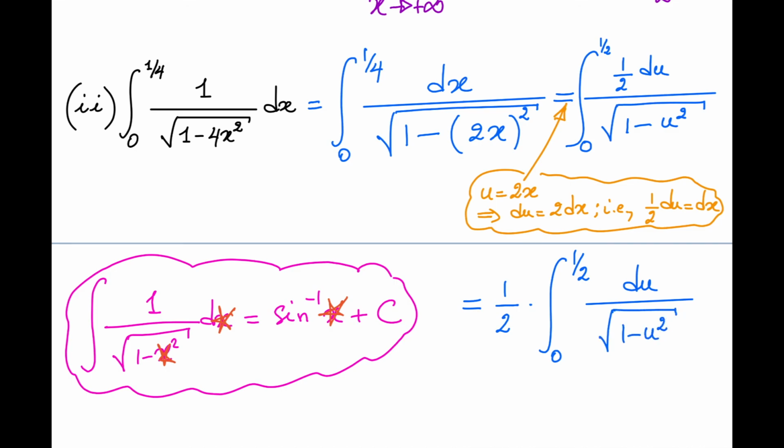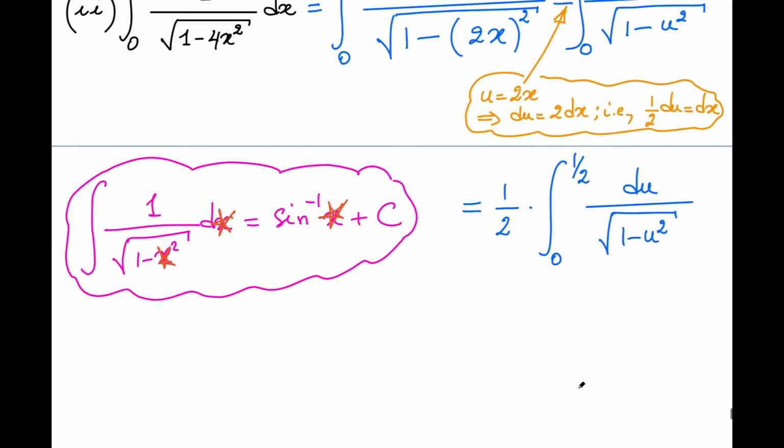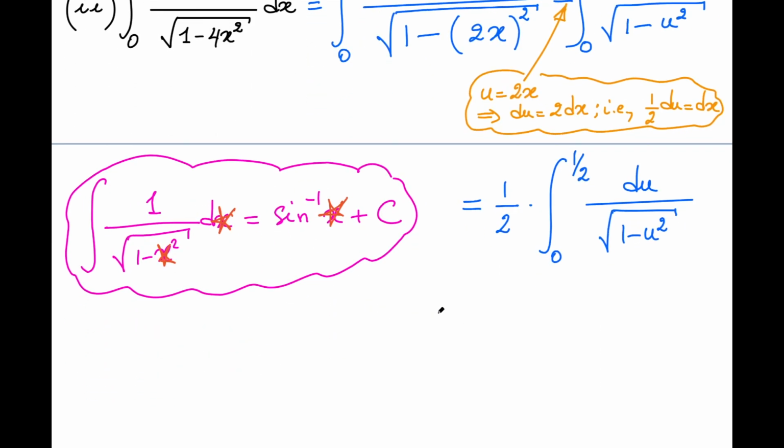Okay, and this is where this property kicks in, because now I see this format, right? This is d star, so d star being the u, du over square root of 1 minus u squared, right? So that's this property then.